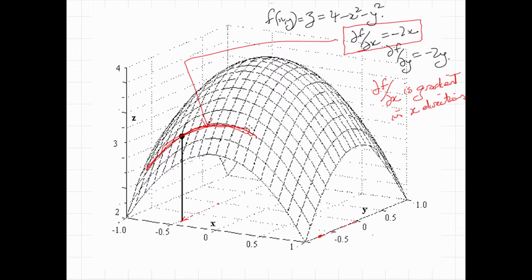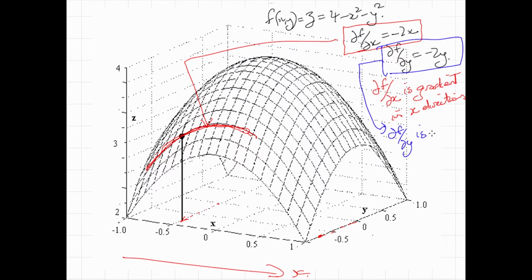This is going in the x direction because we've already said that the x-axis is going to be going straight underneath that line there. Let's do it in another colour here. This one here, partial df dy is the gradient in the y direction.